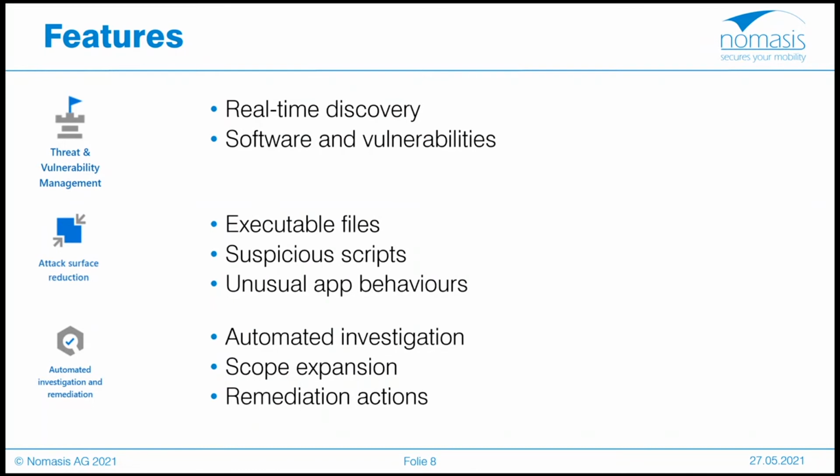Then we have the automated investigation that can either be started automatically if a device alert occurs or manually by an admin. While this investigation is active, the device is monitored and other devices with similar alerts are gathered together.